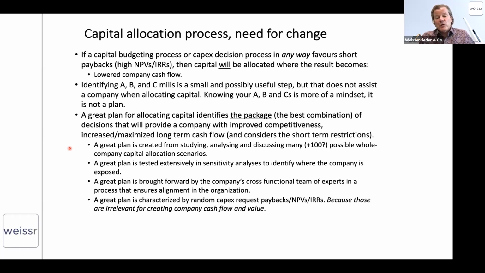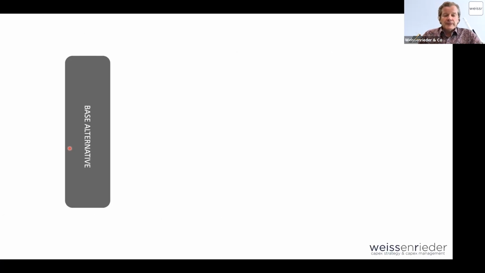You still have to go through the process as such, though, because you need formally to have the approvals, okay? The board and your CEO, all of that, they need to do that. But to understand where, when, in what, and how much you're going to be spending your capital, it's a completely irrelevant process, unfortunately.